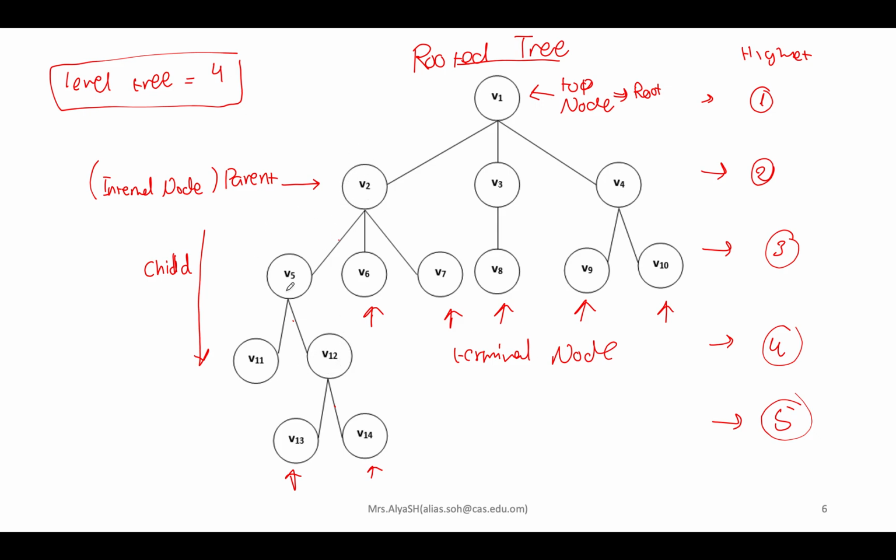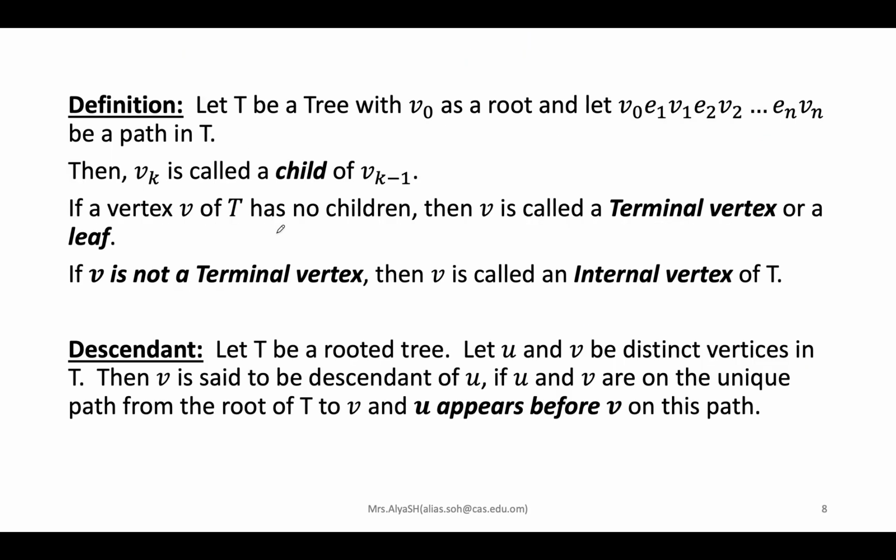V12 is a child of V5. Okay? If a vertex V of T has no children, then V is called a terminal vertex or a leaf. If V is not a terminal vertex, then it's called an internal vertex. And this is what we mentioned earlier in our rooted tree.